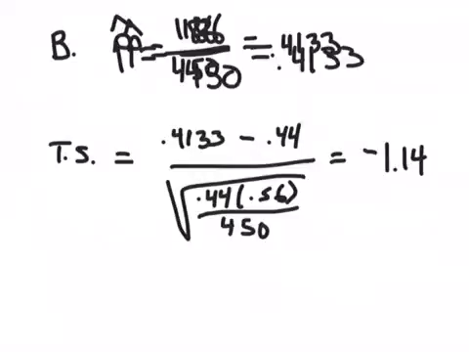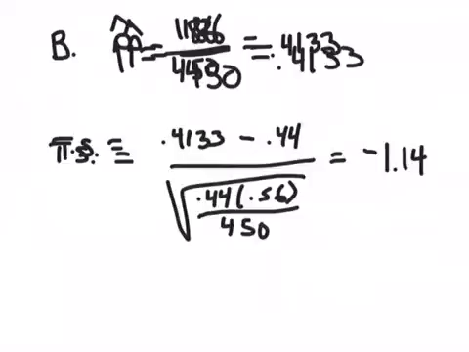So again, we're saying, well, how likely is that if the true proportion was 0.44? Now, we do our test statistic, or a z-score. It seems like the book is saying you could do almost either way.